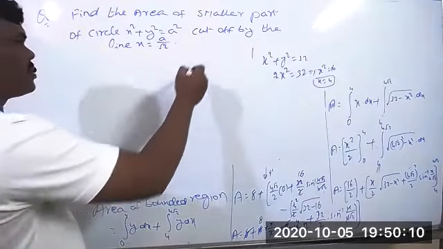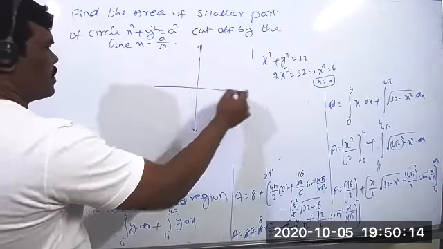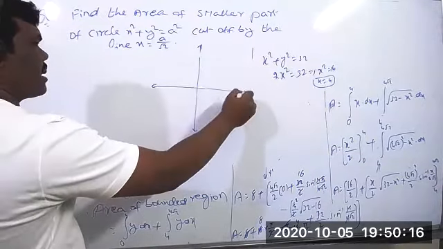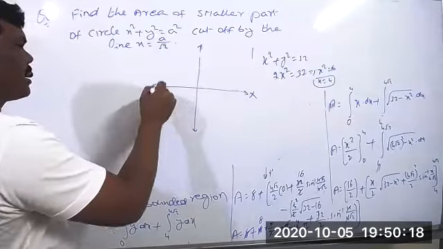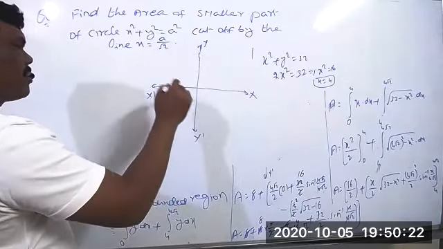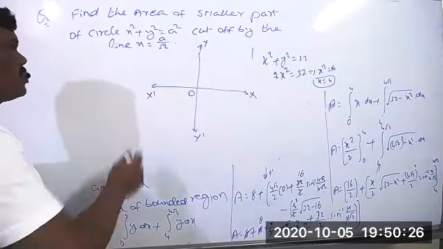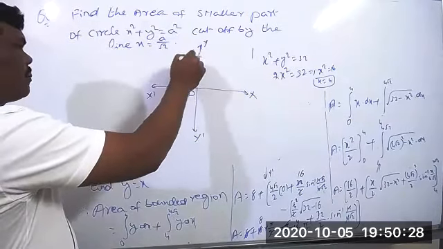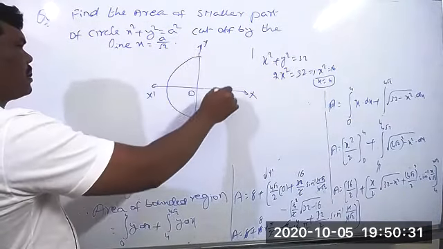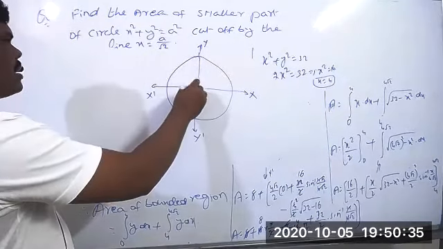If you draw the diagram, it's almost 40-50% of the problem done. By seeing the diagram only, the evaluator will also understand very clearly whether you have done it correct or wrong. So if you take the circle, clearly the center of the circle must be the origin.